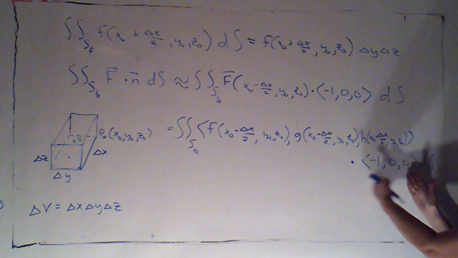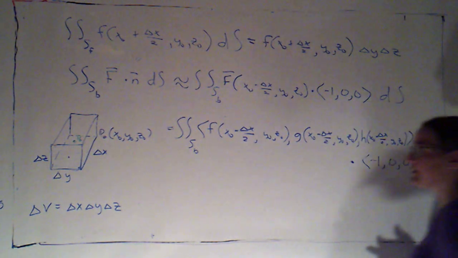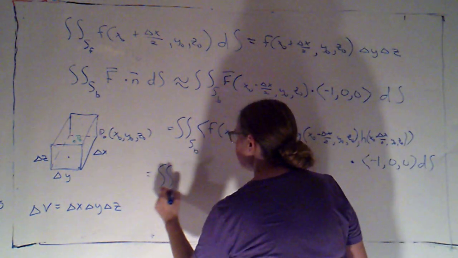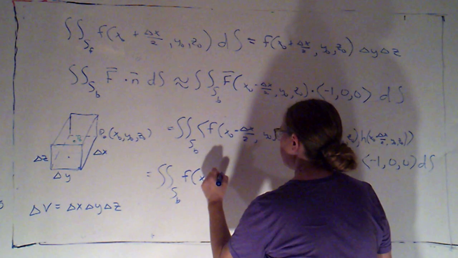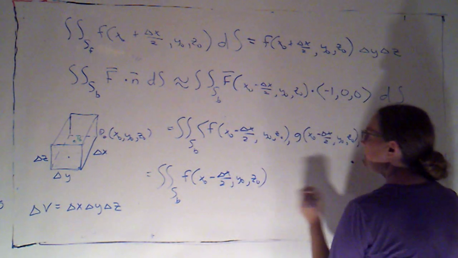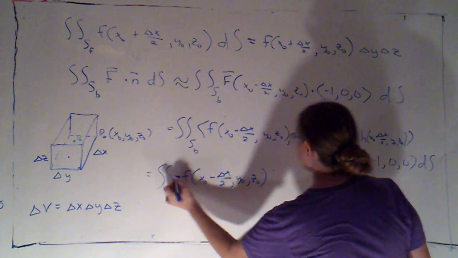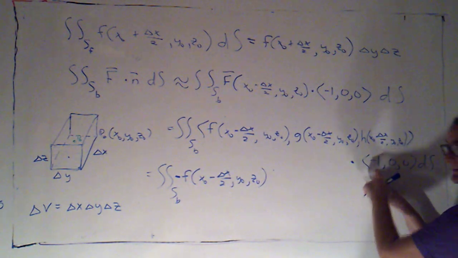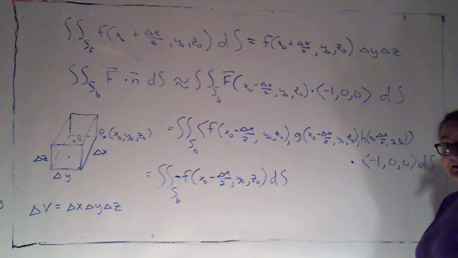Of course, if I work out that dot product, these 2 zeros are just going to kill off those second 2 component functions. So this is the double integral along the back of f at x naught minus delta x over 2, y naught, z naught. I'm sorry, negative, because I'm dotting with a negative 1. So negative f evaluated at that, dS.